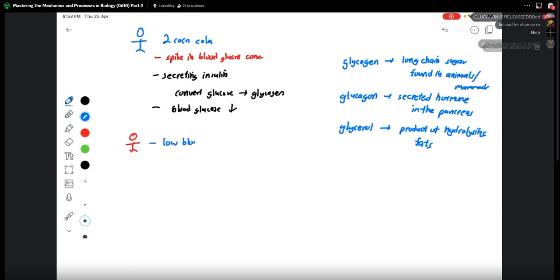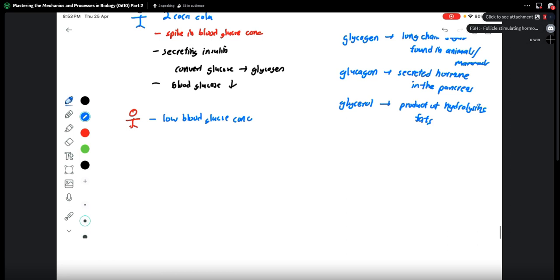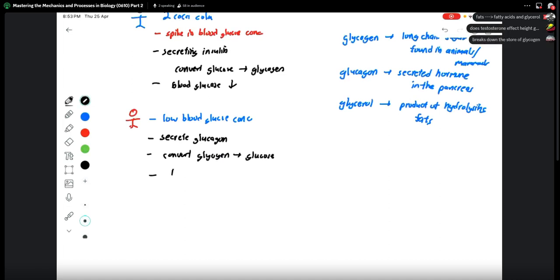The glycerol is the product of digesting the fats. The low blood glucose concentration is detected by the pancreas, and the pancreas will secrete glucagon. What this glucagon does is convert glycogen to glucose, and this results in the increase in the blood glucose concentration.